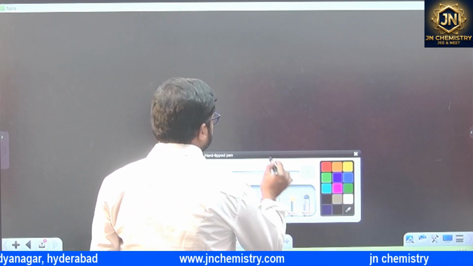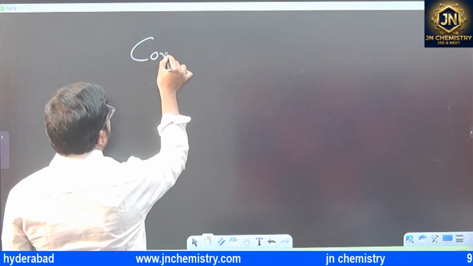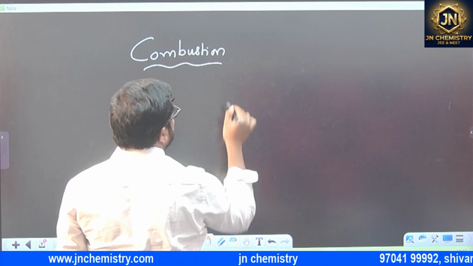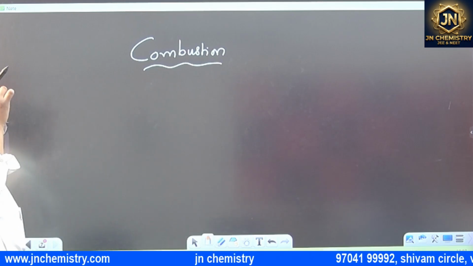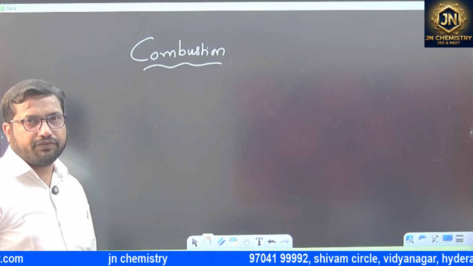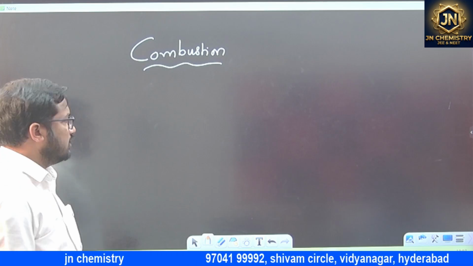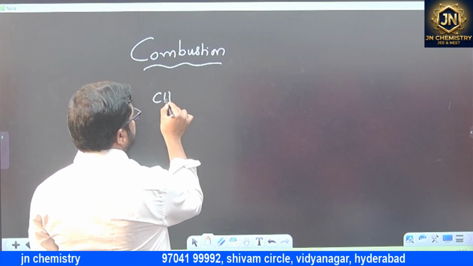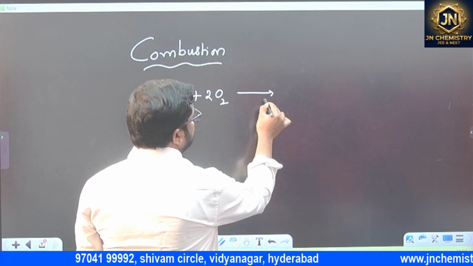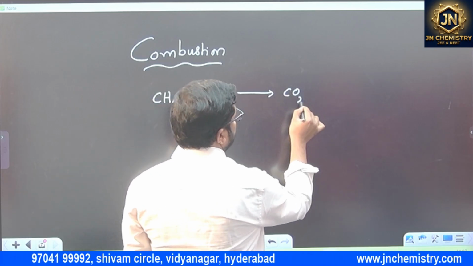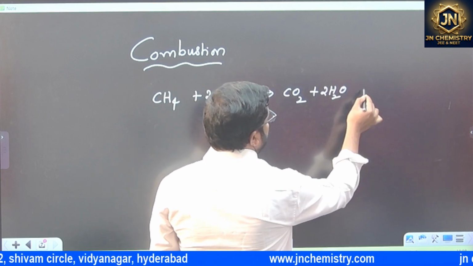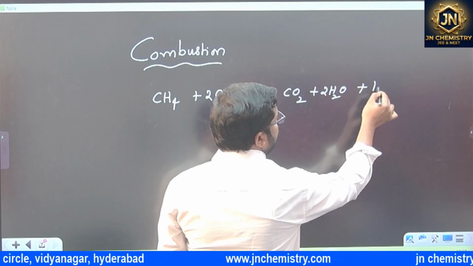Combustion. Whenever alkanes undergo combustion, what exactly happens? We'll get CO2 and H2O and heat is released. For example, CH4 plus 2O2 gives rise to CO2 plus 2H2O plus heat.